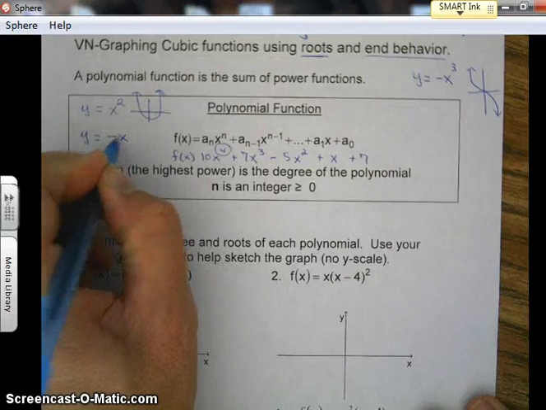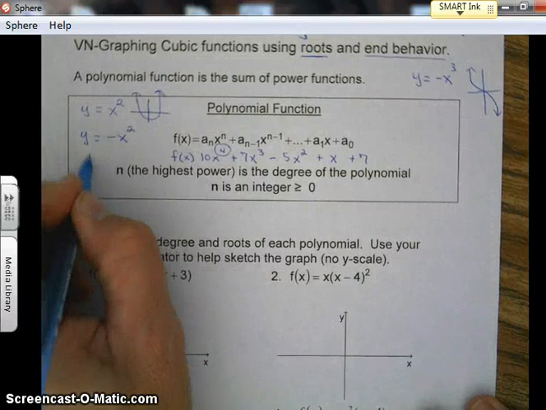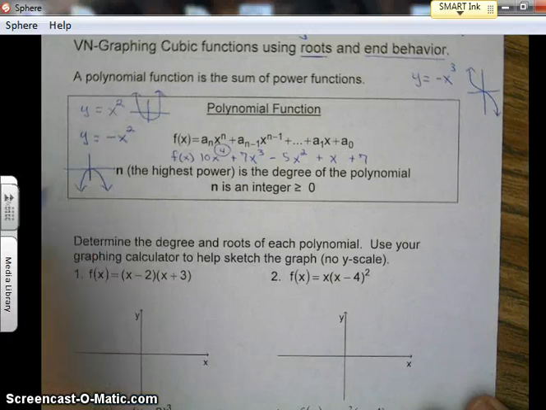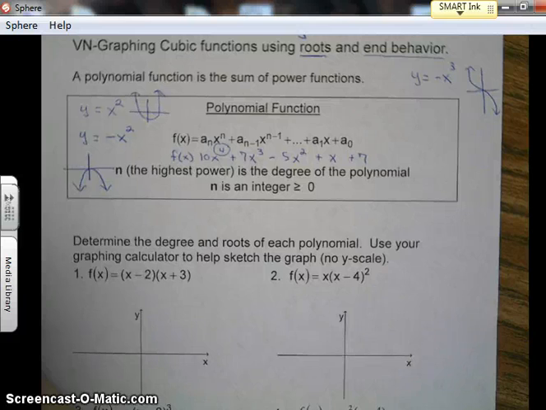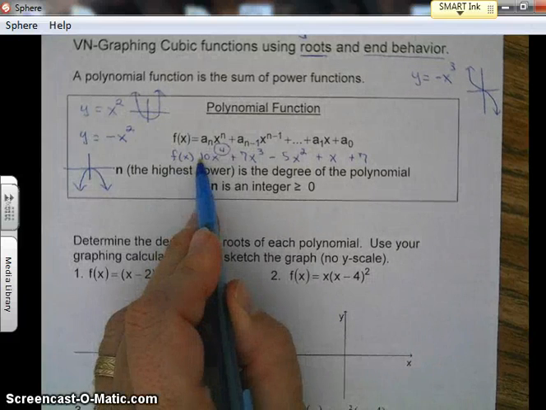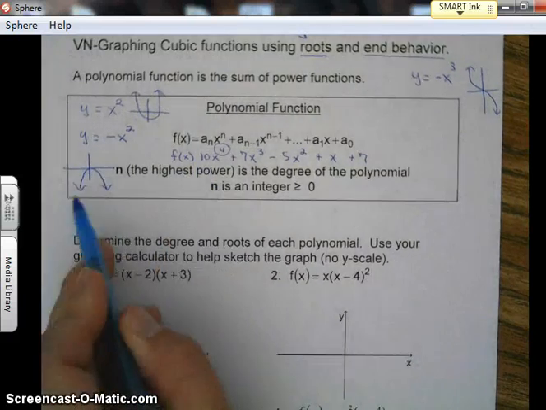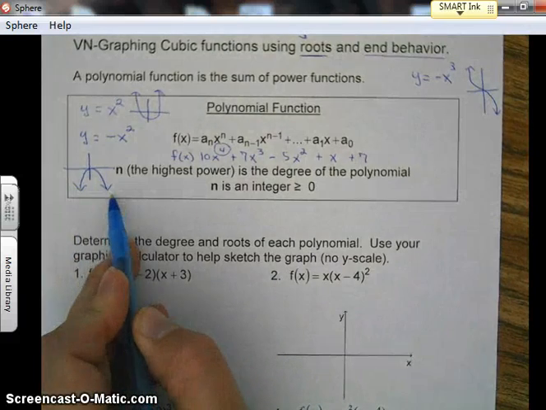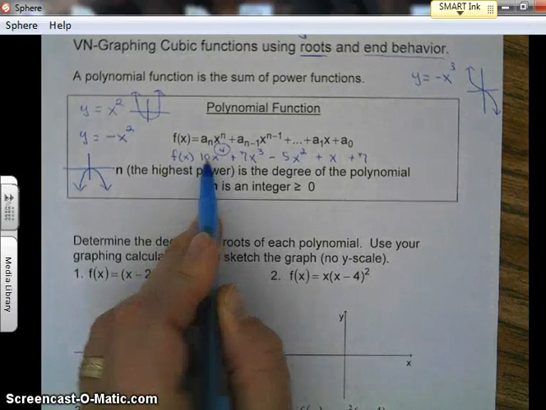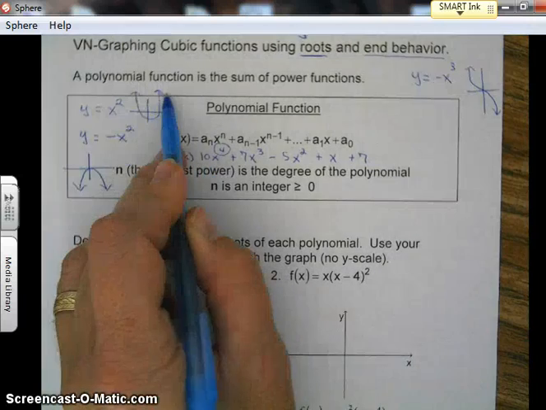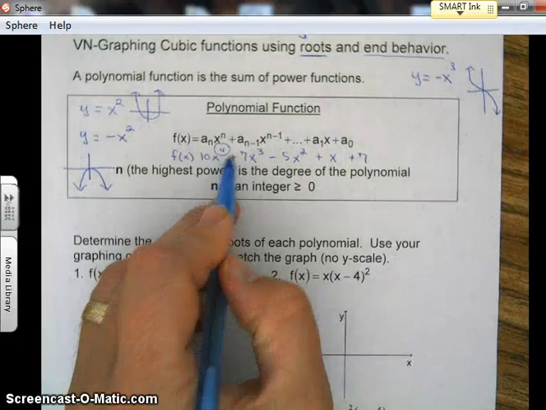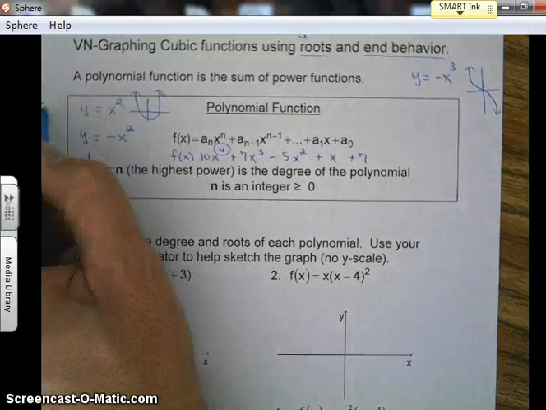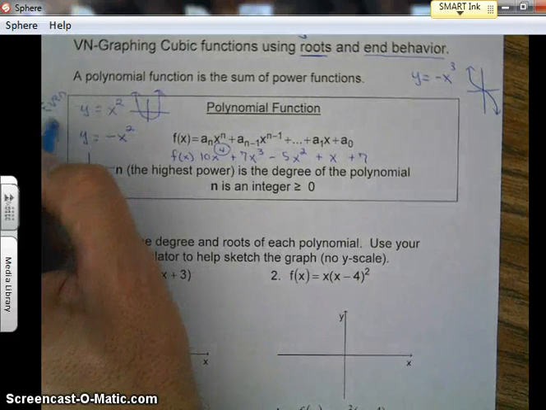If there's a negative on the front, it would go down on the left and down on the right. So if there was a negative on here, we know that the end behavior would be negative and negative. If it's positive, up, up. Okay, that's for an even degree polynomial.